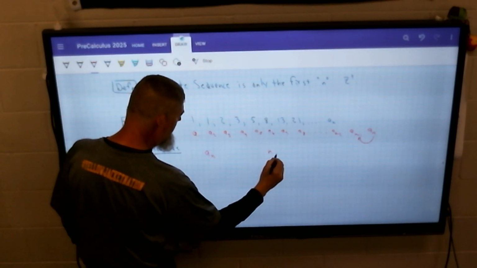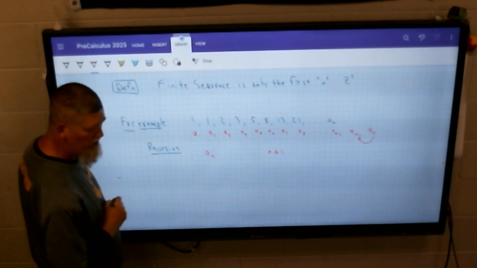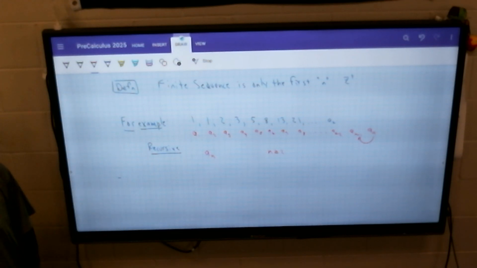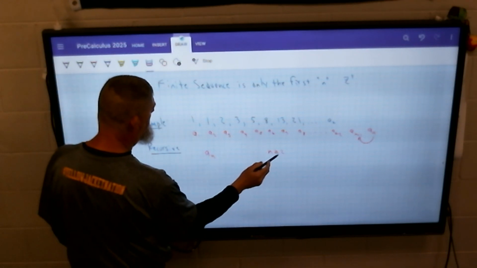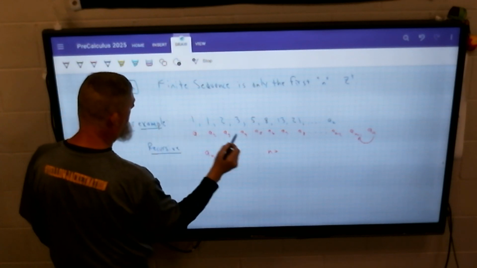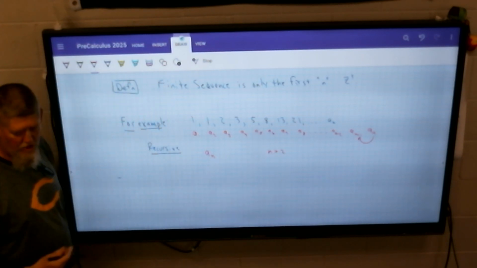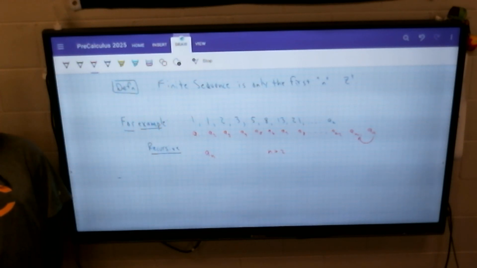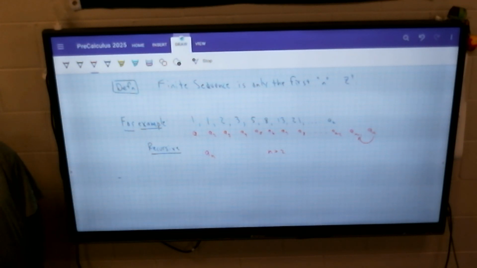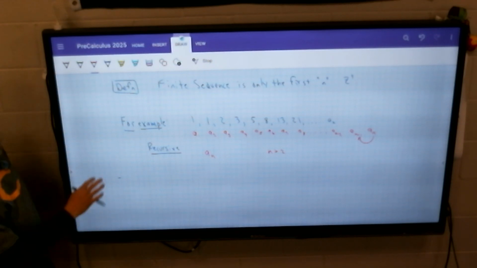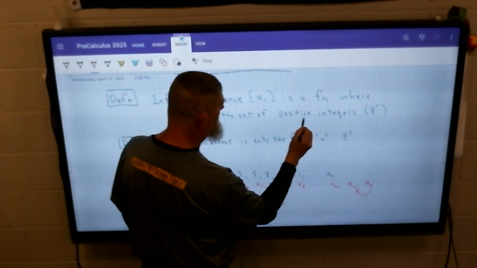So for this particular function, I would say that any A sub n where n is greater than 2, which means it can start at 2.1? No. What's the domain for n? The domain is only positive integers, right?